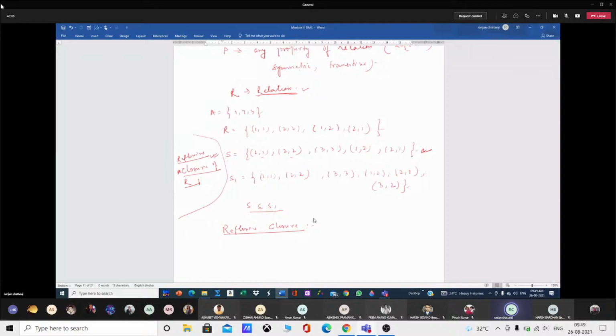So the reflexive closure of R is another relation.